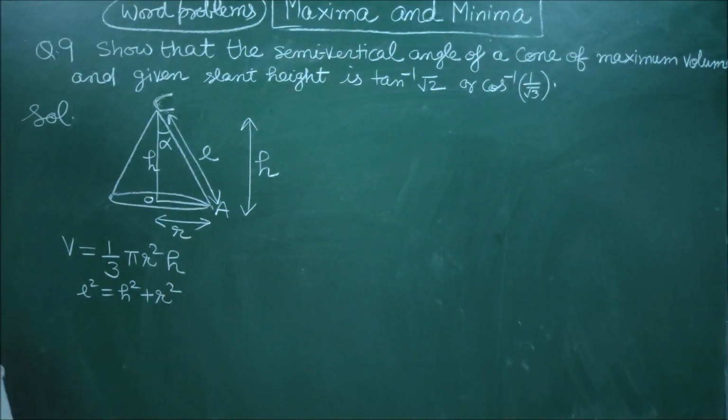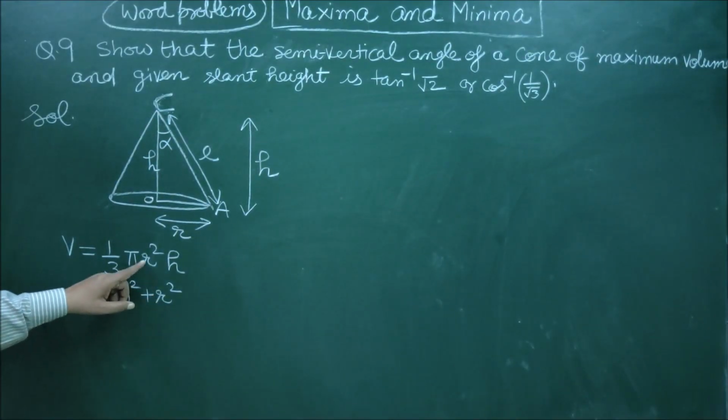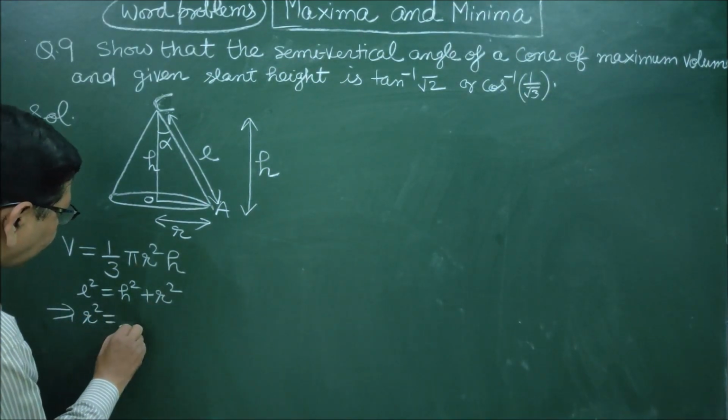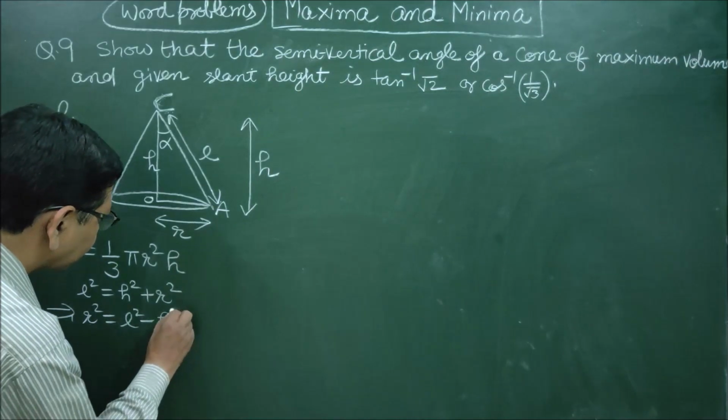Now volume is to be maximum, and L will be treated as a constant because it is the given slant height. So we can find the value of R square very easily: R square is equal to L square minus H square.